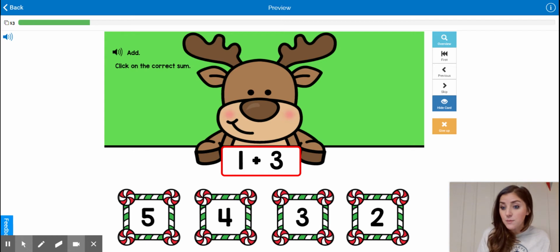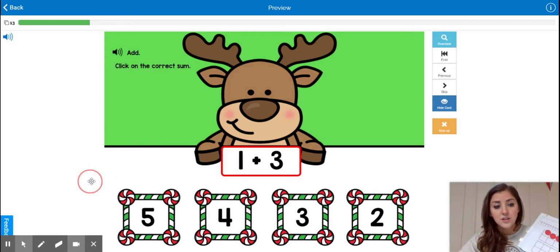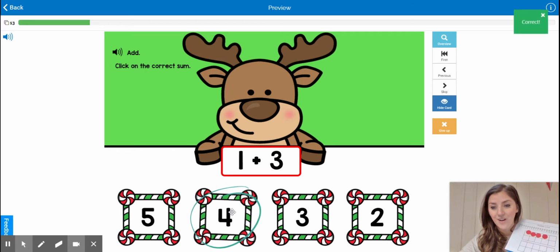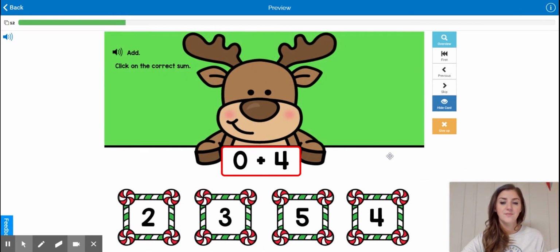It's the same answer both times, just kind of a different way of thinking about it and seeing it. Now I'm going to go over here to 4 because I know that 1 plus 3 equals 4. Okay. Let's try our first way of thinking.